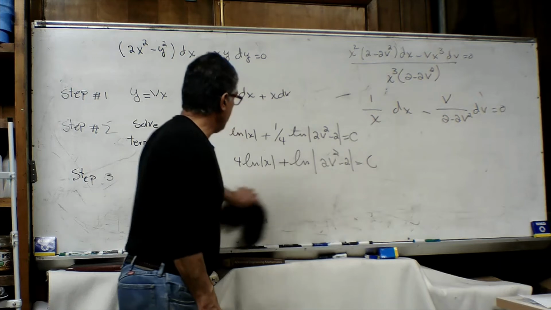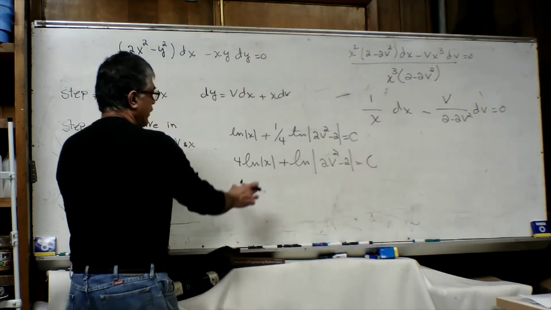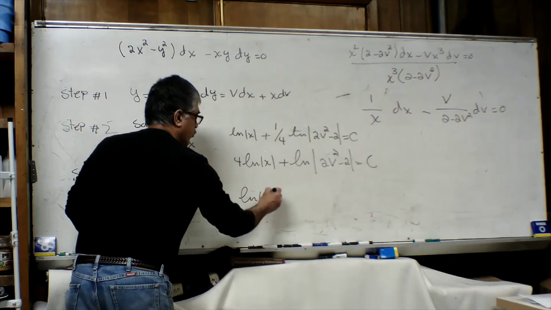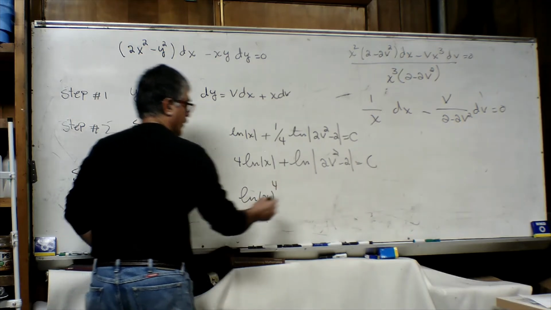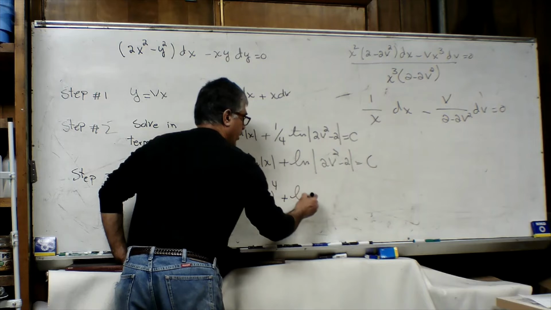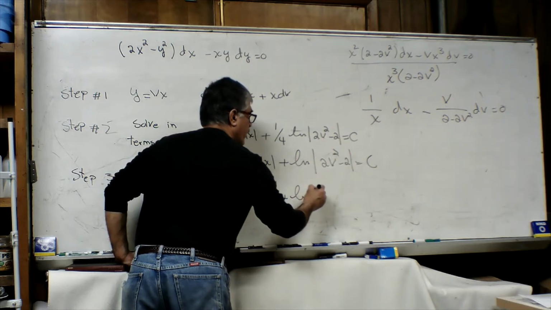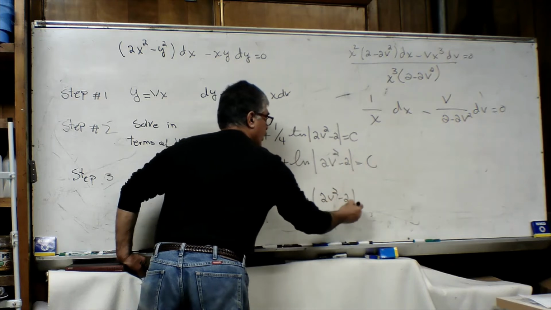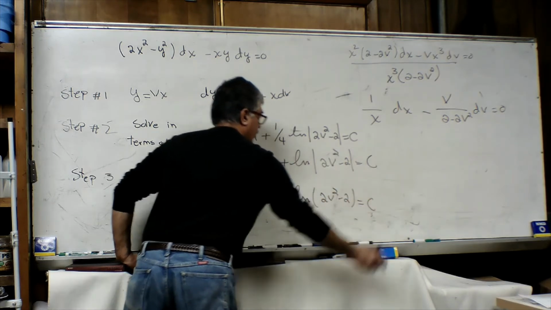Now let's write this part as natural log of x to power 4 plus natural log of 2v squared minus 2 equal to a constant.